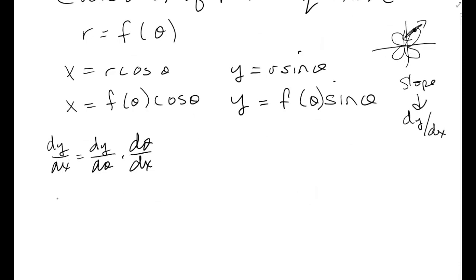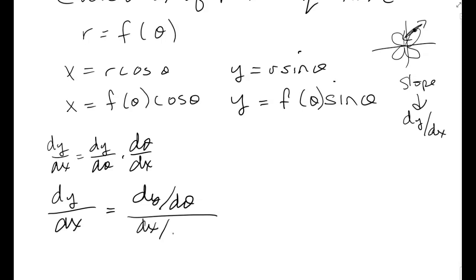Now, if that's the case, wouldn't it also be true, instead of multiplying by d theta dx, because d theta dx really doesn't help us, I can divide by the reciprocal dx d theta. Well, all right, let's talk about the first one, dy d theta. That's just going to come from here.